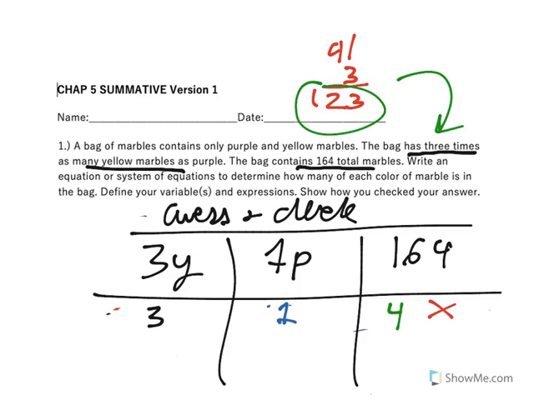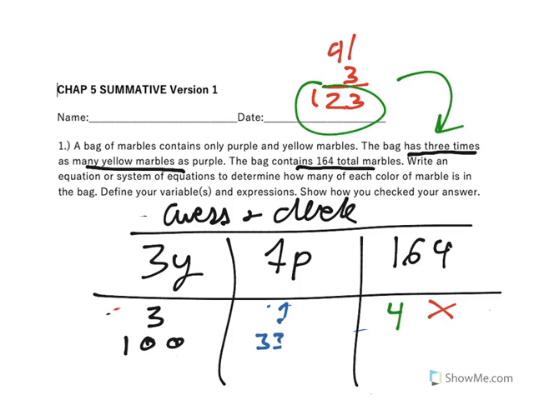Let's go up. Let's say there's 100 yellow marbles. If there are 100 yellow marbles, that means there would be 1/3 of that, which is something like 33.3.